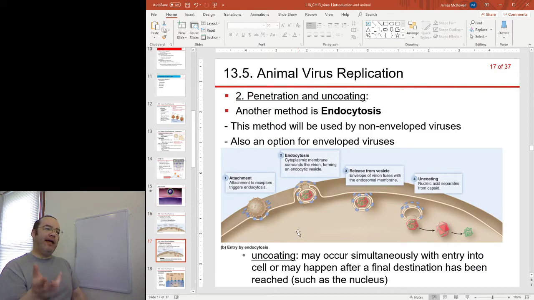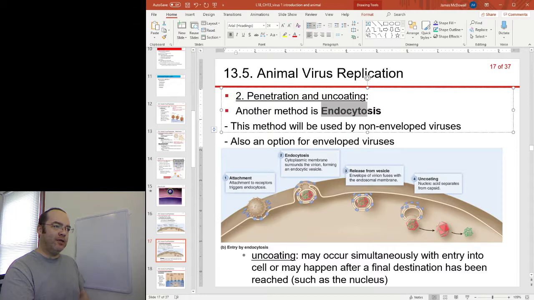If you are enveloped, you have a second method of being uptaken called endocytosis. So endo meaning inside, cyte meaning vessel, osis meaning the process. So the process of taking things in using a vessel.